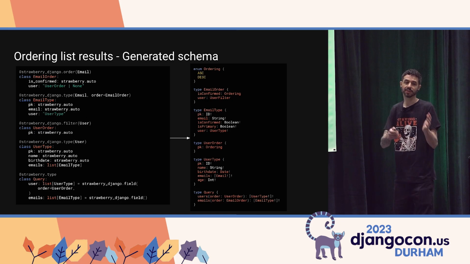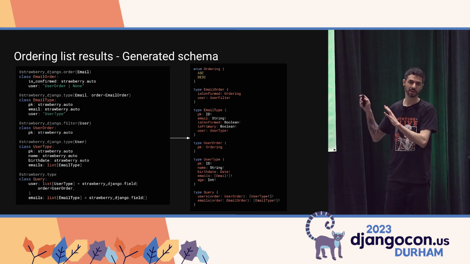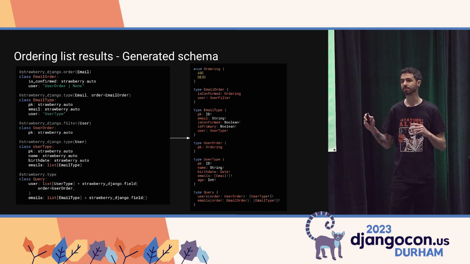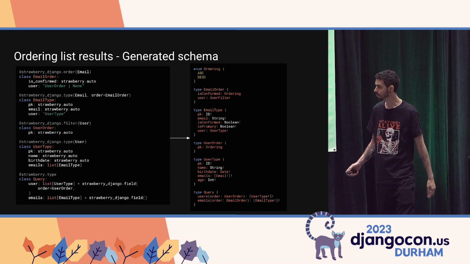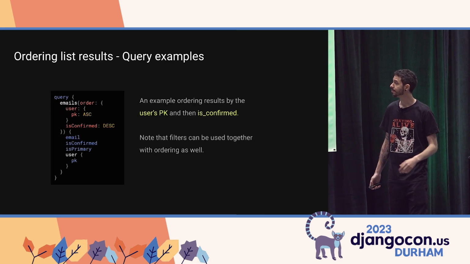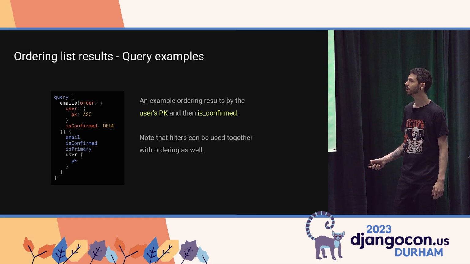Of course, I can use filters together with ordering. I am just showing the examples separately to make it easier to explain, but you will probably want to use those together. And as an example, asking for the emails ordered by the user's PK in ascending way, and then by is confirmed in a descending way.